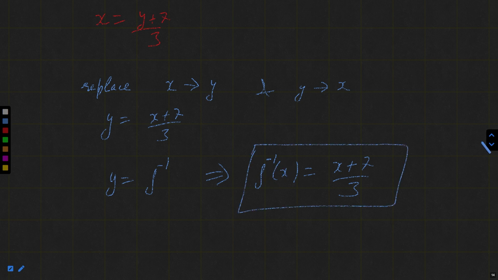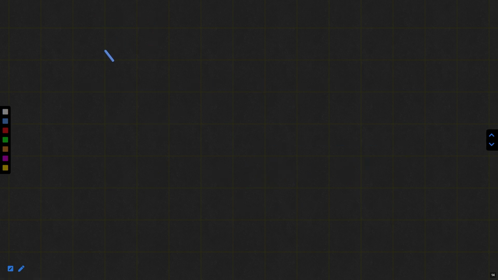Now let's verify it. If it is the inverse of the given function, then f of f inverse will give you x, and f inverse of f will also give you x.